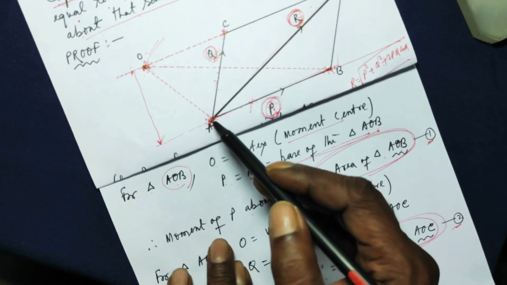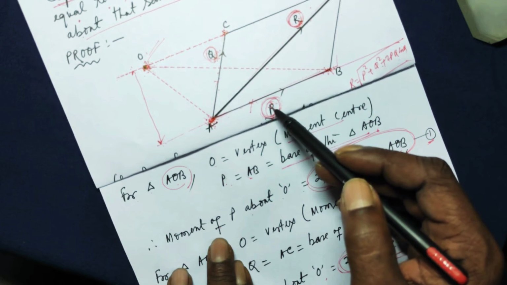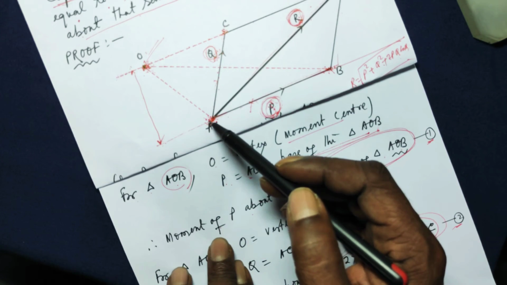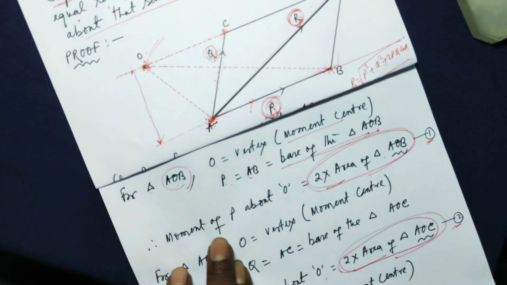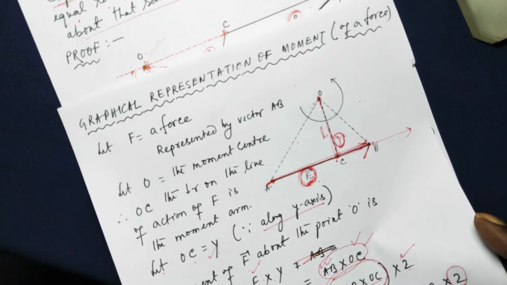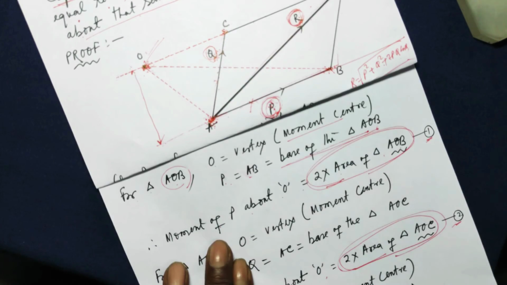Therefore, the moment of the force P about the point O will be twice the area of the triangle ABO. That is what we just learned from the graphical representation of moments.